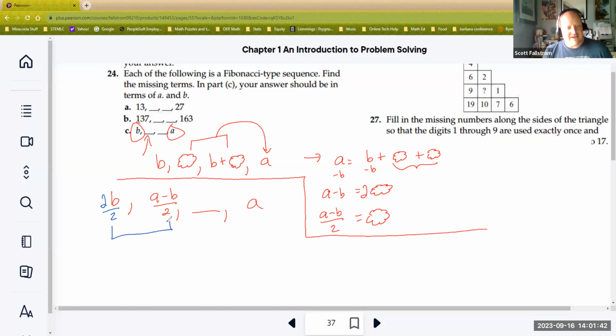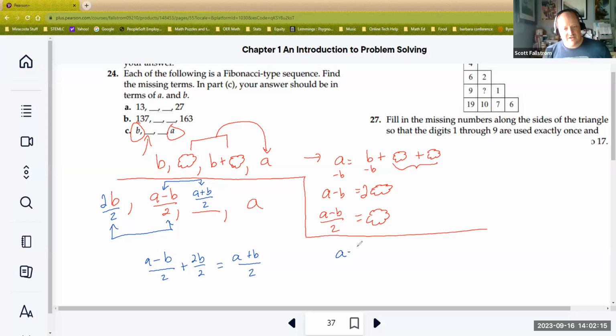That way, when I add these two together, what I really have is A minus B over 2 plus 2B over 2, right? And if I add those together, that would give me at the end A plus 2 B's but minus a B. So that'd be just plus a B and the whole thing over 2. So that's what goes right here. There's my second term. And now you can check it, right?